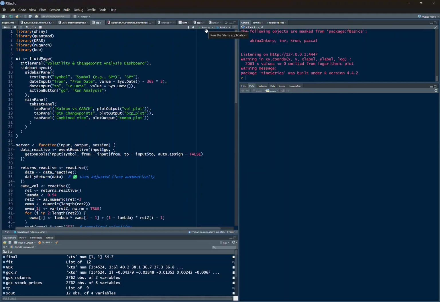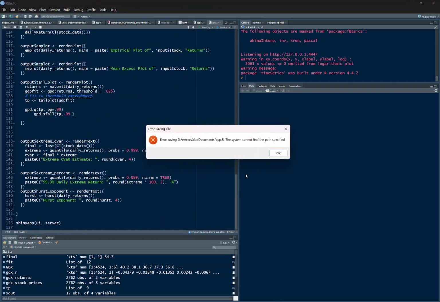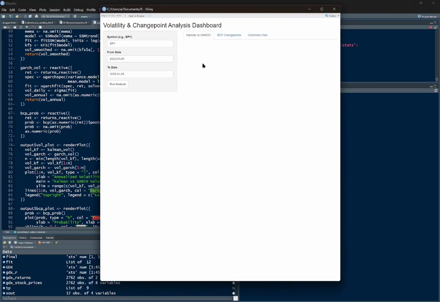This is a measure of volatility with the Kalman filter and with GARCH. We use the GARCH library, rugarch library and KFAS Kalman filter library. Okay, we're analysing the volatility and change point. We won't do it for the SPY, we're doing the QQQ.